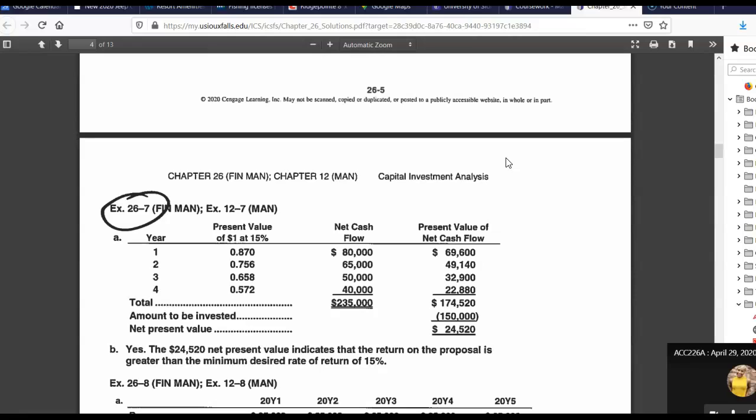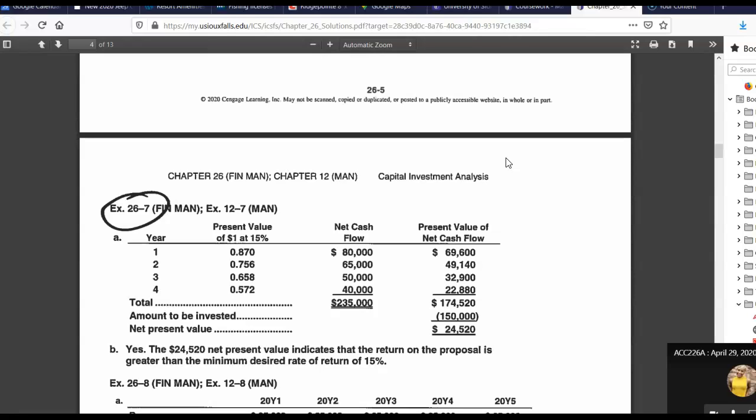They give you 2 columns, net income and net cash flow, because they want you to be able to figure out which you should be using. Do I look at net income or do I look at cash flows? They're going to give you both columns for all the exercises, so you can decide whether you're supposed to look at the income line or the cash flow line.